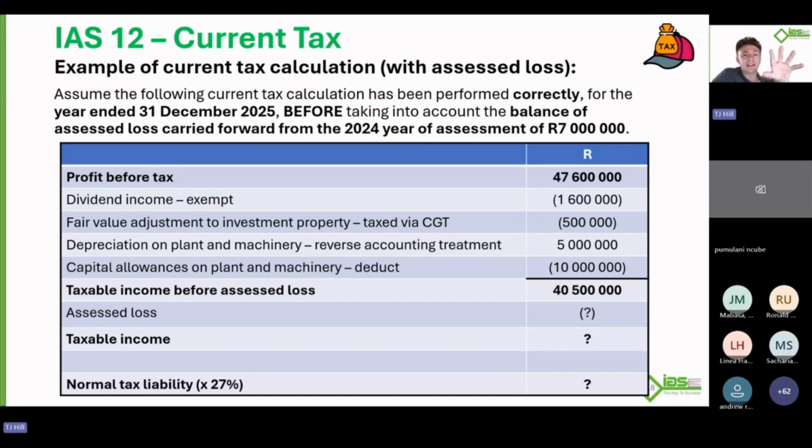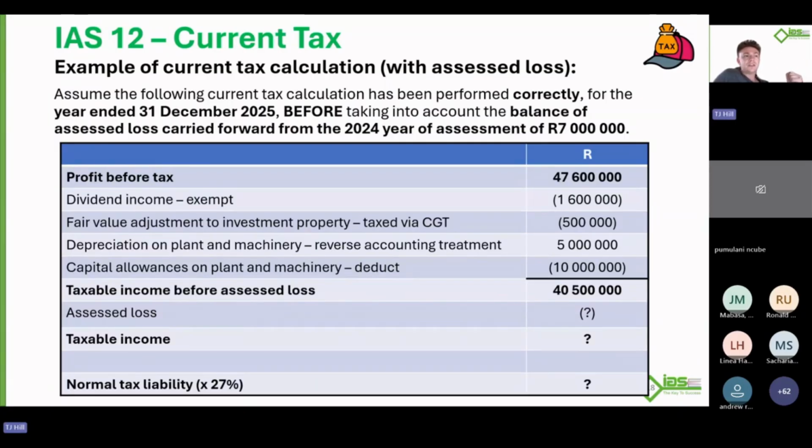Then you multiply your taxable income with your tax rate, which is 27%. That gives you your normal tax liability, which is your current tax expense. You pass a journal. You debit income tax expense and you credit current tax payable. Done. That's your journal.